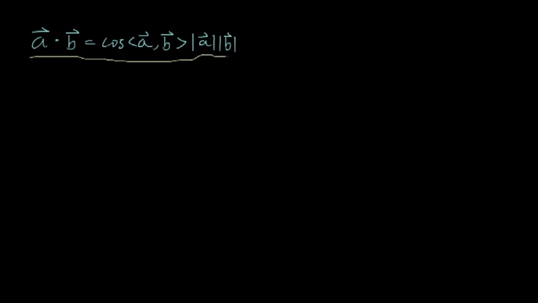So if we say that vector A has vector coordinates of XA, YA, and vector B has vector coordinates of XB, YB.